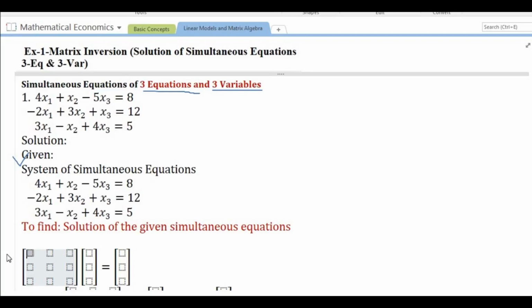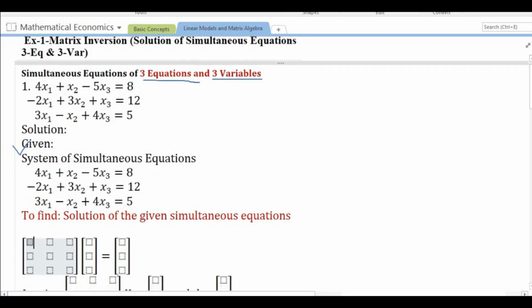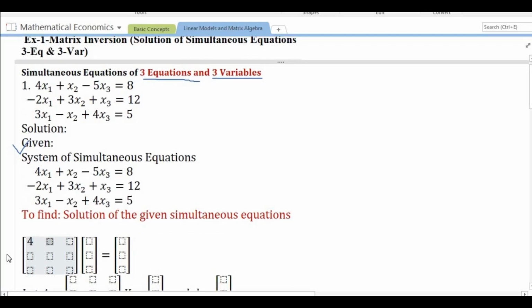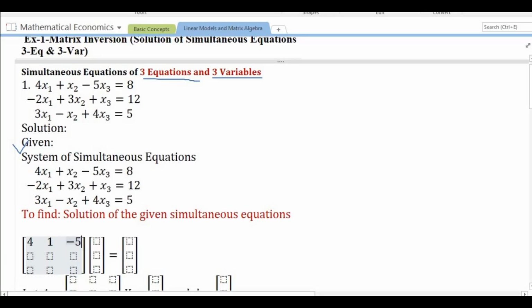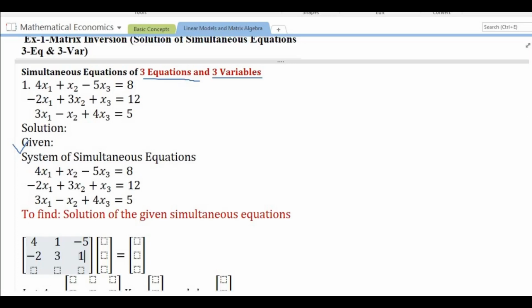Let us write down the coefficients. 4, 1, minus 5. You must be very careful with the negative sign attached with the coefficient. Next row, minus 2, 3, 1.